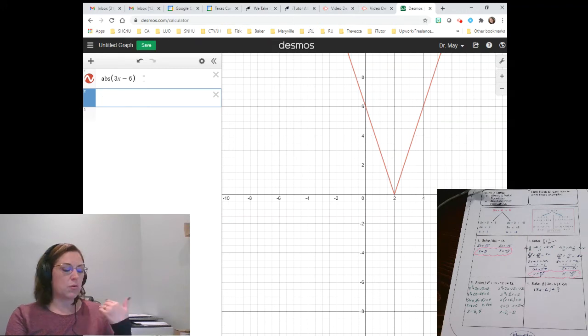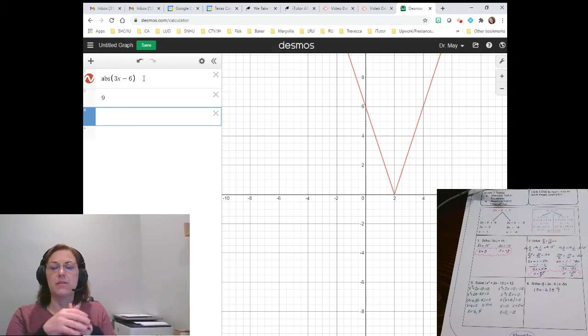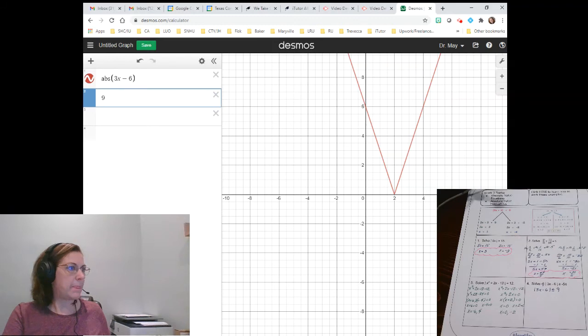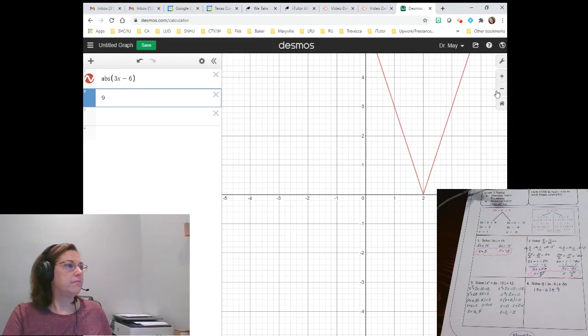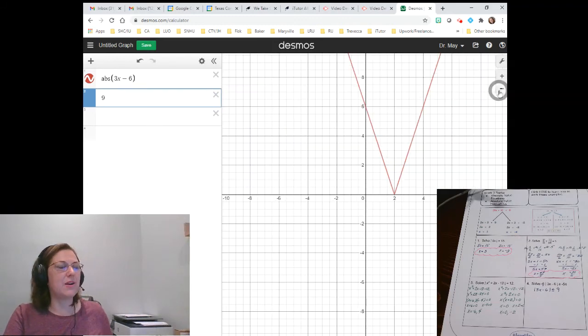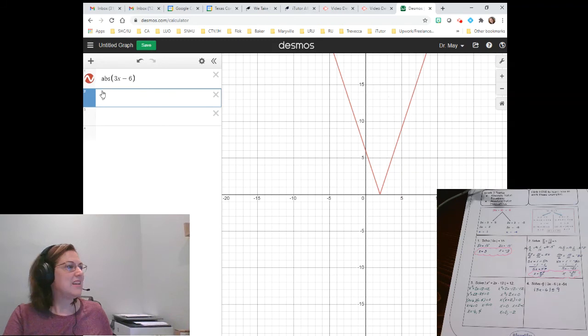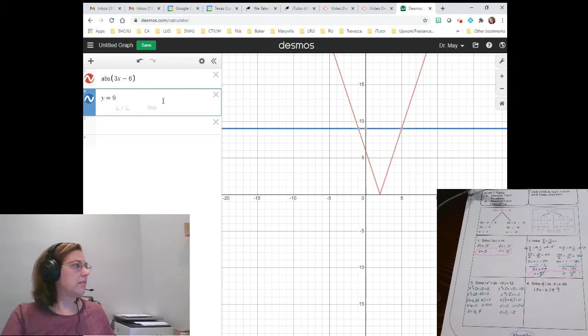You'll want to put the other side in here, 9. Now you don't see anything that happened at 9, but something happened at 9. Whoops, sorry, I clicked the wrong one. Actually, I want to do y equals 9 here. There it is. All right.